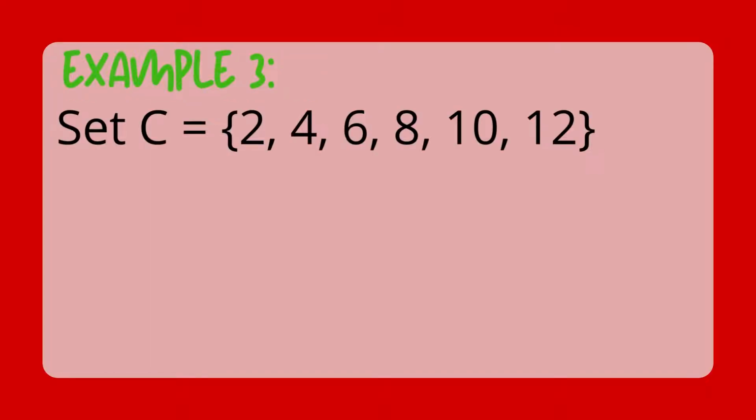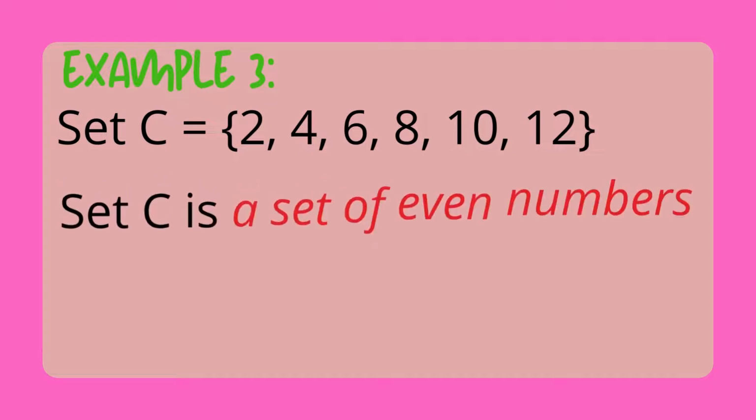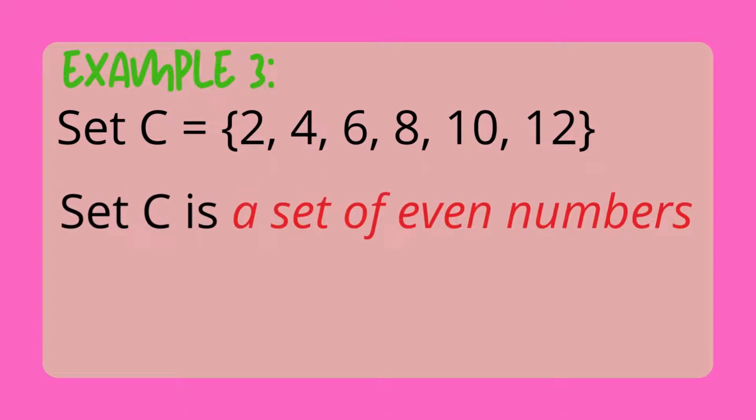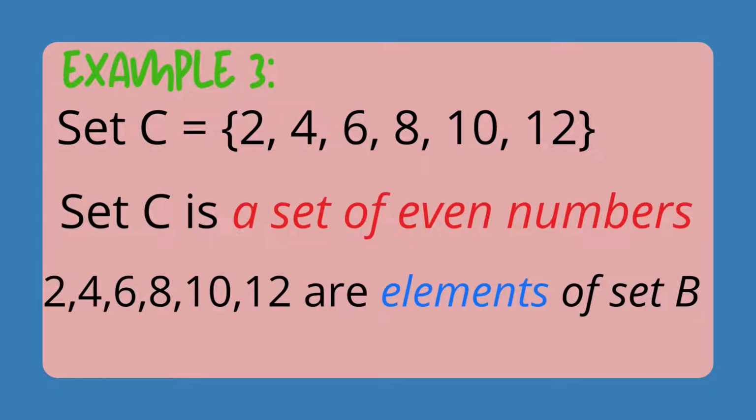Another example, example number 3. Set C equals {2, 4, 6, 8, 10, 12}. Class, will you describe the elements of set C? Excellent. Set C is a set of even numbers.